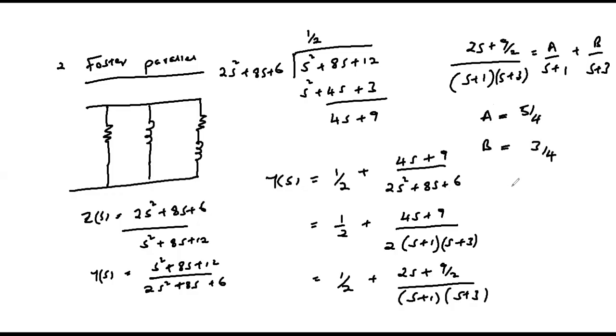That means we can write those terms as (5/4) over (s plus 1) plus (3/4) over (s plus 3), from which we can write our admittance Y of s to be a half plus (5/4) over (s plus 1) plus (3/4) over (s plus 3).